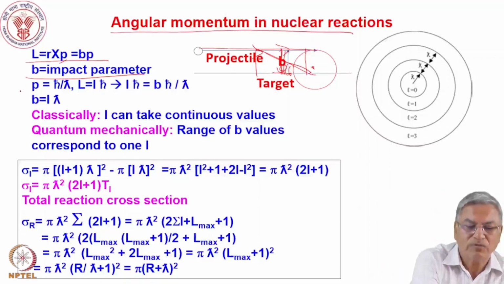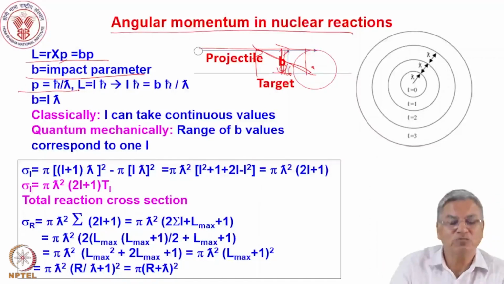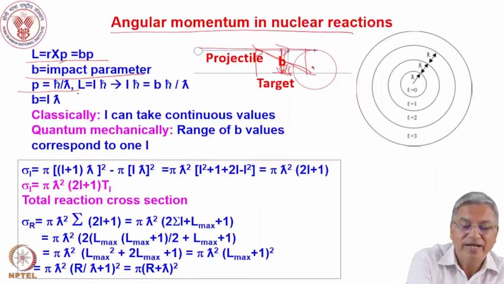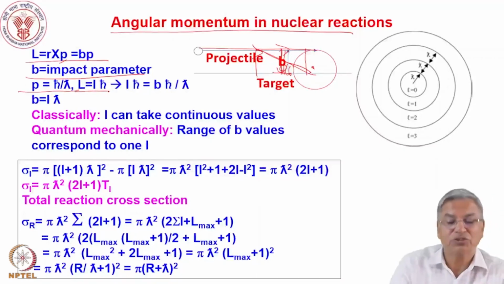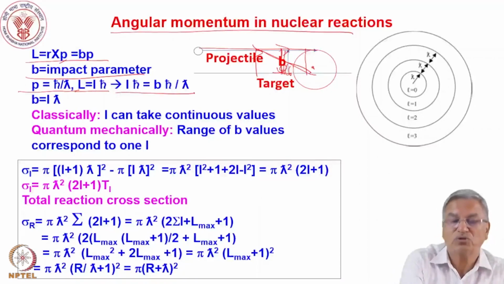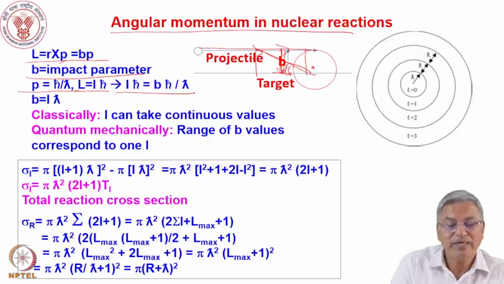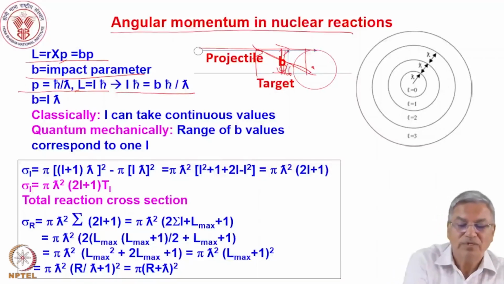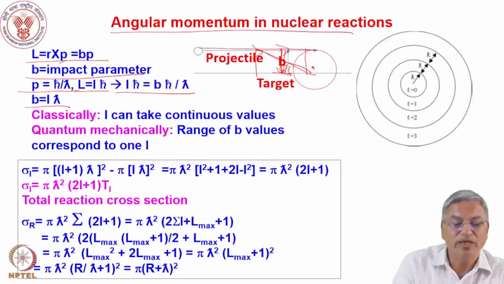Now the linear momentum can be written in terms of the de Broglie wavelength, h cross by lambda cross, where lambda cross is the reduced wavelength of the projectile, and the angular momentum can be written as L h cross. So essentially, L h cross equals b h cross by lambda cross, and so the impact parameter b equals L into lambda cross.